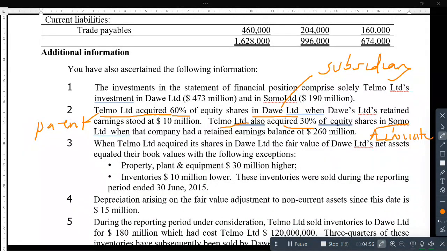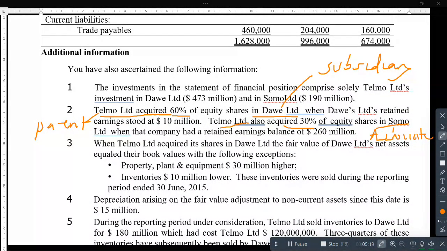Now it's very clear. That should be your first step, to identify who is a parent, who is a subsidiary, and if there is any associate, well and good. It doesn't mean that every time they will give you subsidiary and associate. Just in this example, I try to combine all. You may find you have a parent and subsidiary, or a parent, subsidiary, and associate, like in this case.